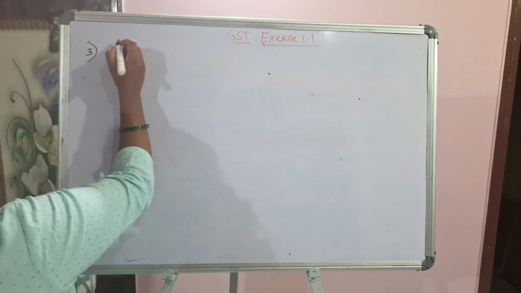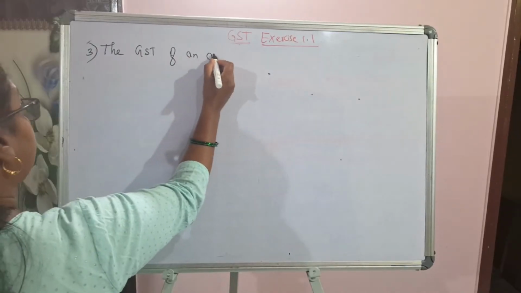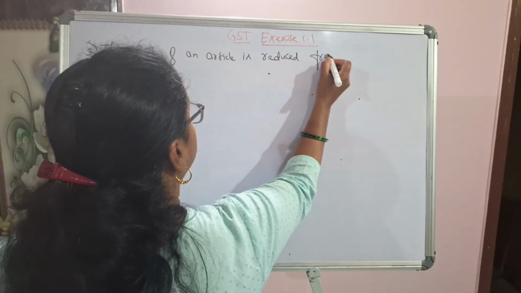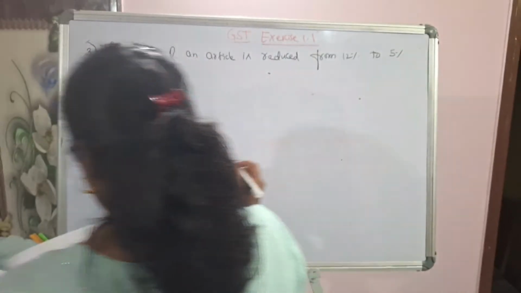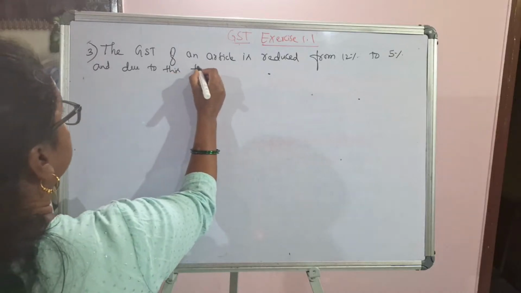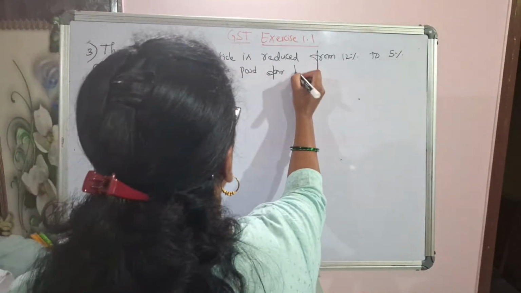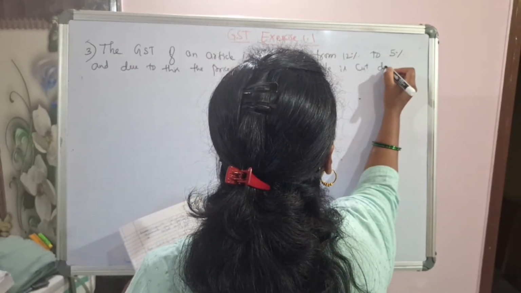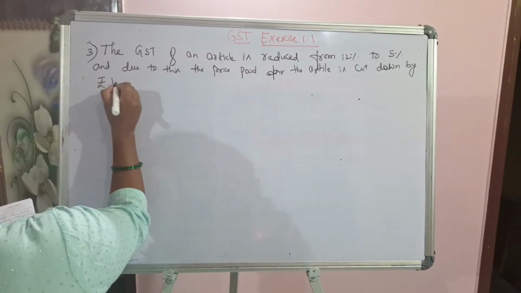The third question is, the GST of an article is reduced from 12% to 5%, and due to this the price paid for the article is cut down by rupees 14.